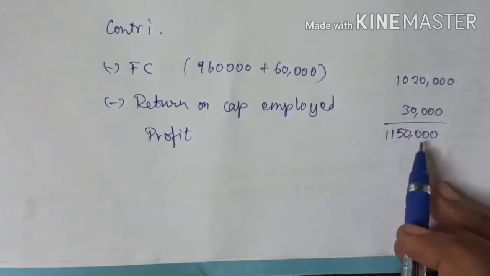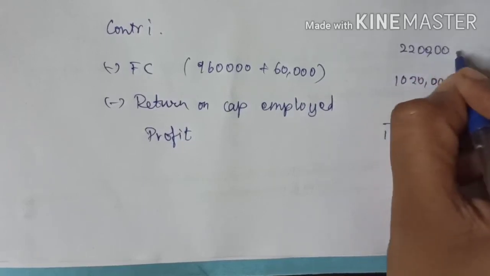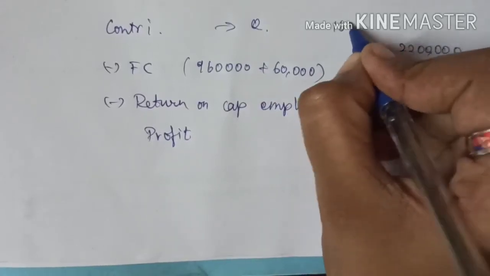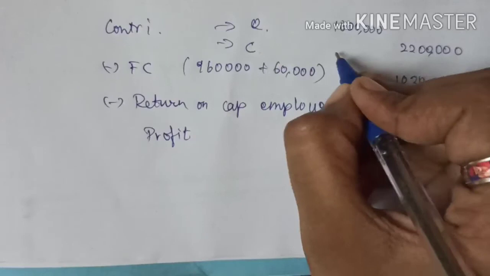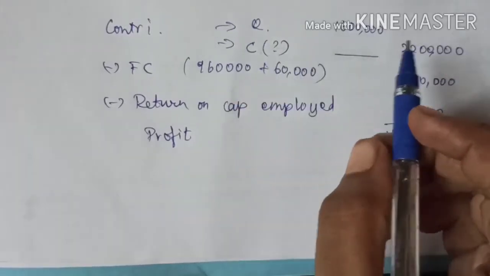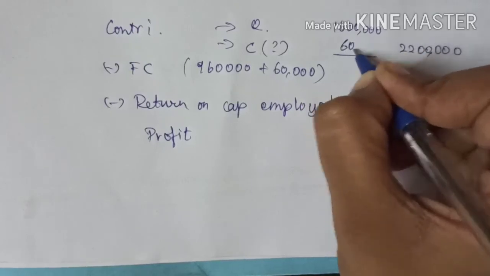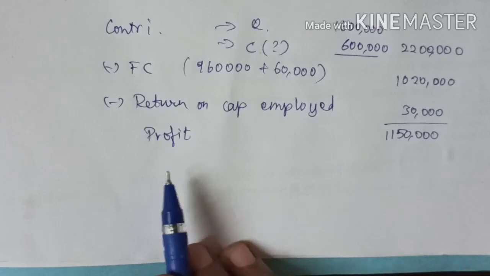Next you add these three, you will get 22 lakhs. And contribution from Q is, we know, 16 lakhs. From C we have to find that. You subtract 16 lakh from 22 lakhs, you will get 6 lakhs. So it is right, we get the same profit.